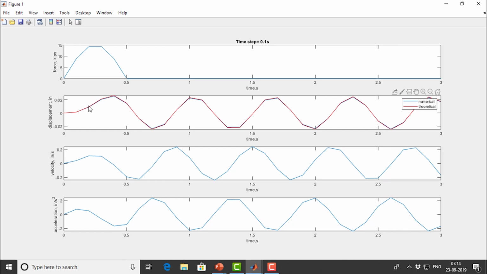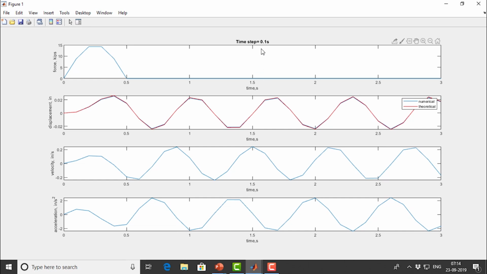Here, as you can see now, the error between the numerical and the theoretical response of displacement has reduced. And again, this is the velocity and the acceleration response.